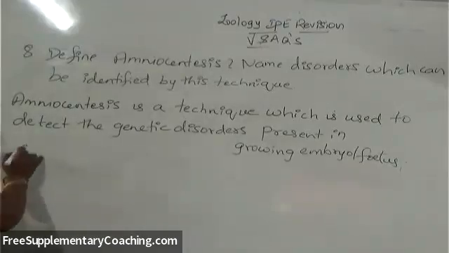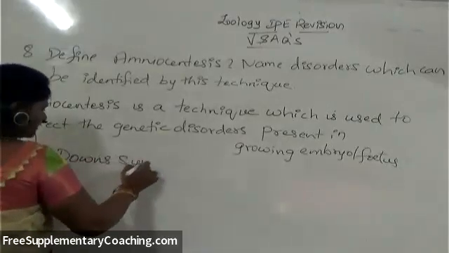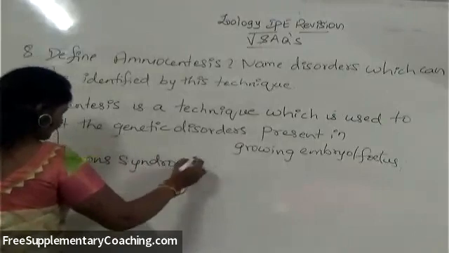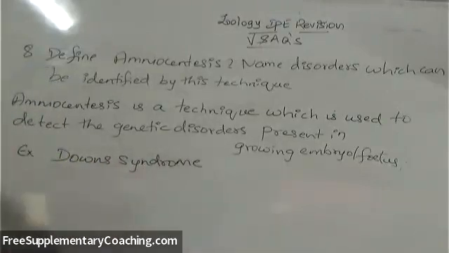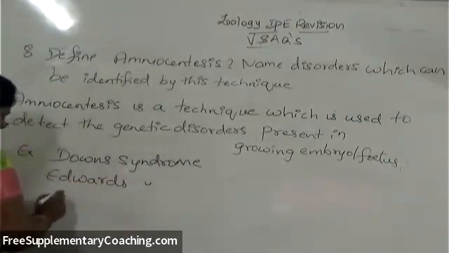So what are the examples? Down syndrome, all these are genetic defects, right? Chromosomal disorders. Down syndrome, Edwards syndrome, and Turner syndrome.